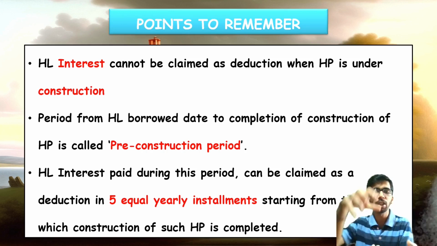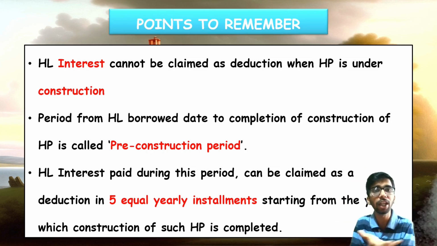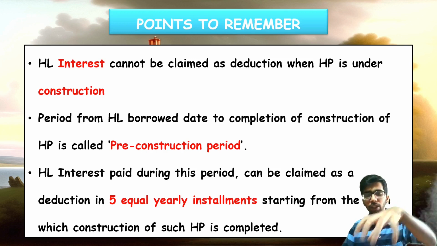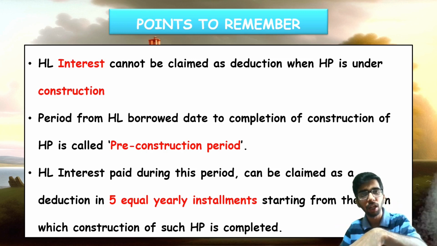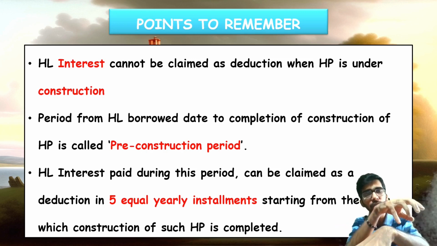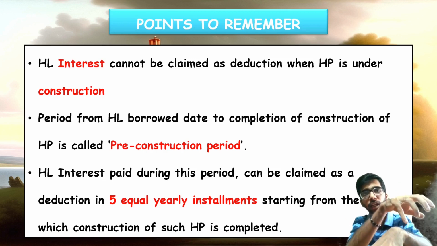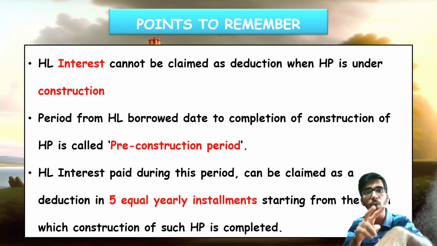That pre-construction interest portion should be allocated in 5 equal installments along with the current year interest. That means starting from 2021, the pre-construction interest should be allocated in 5 equal installments. Let's say the pre-construction interest is 1 lakh, that should be apportioned in 5 equal installments. That means 20,000 each.